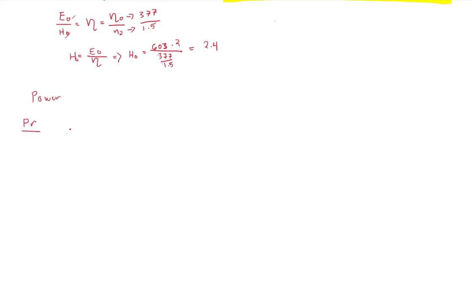For reflected power, it's P_R over P_I, and that is just equal to gamma squared.